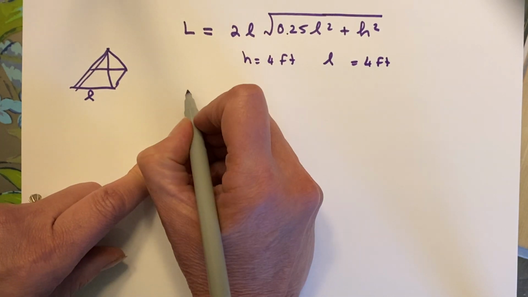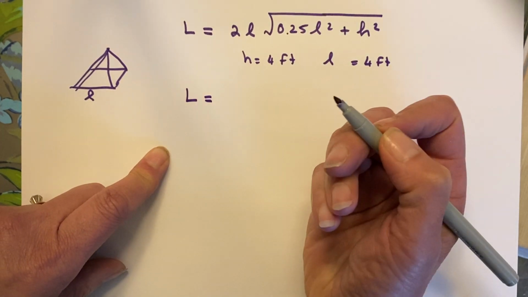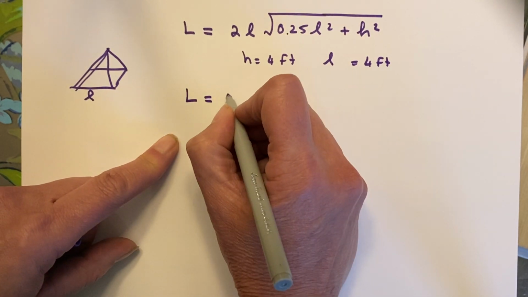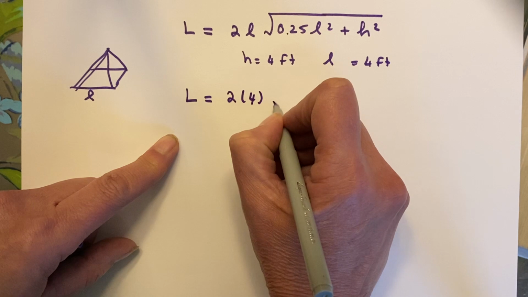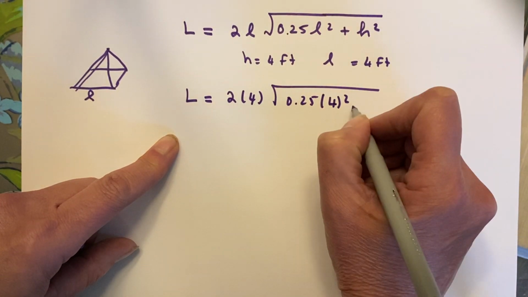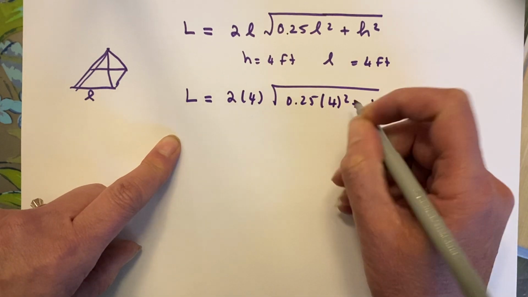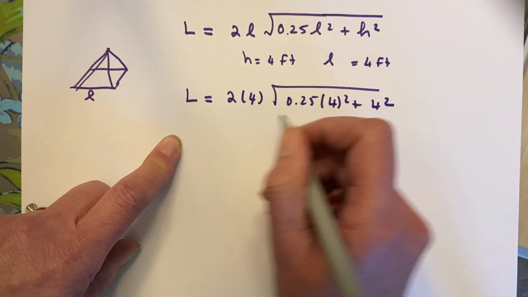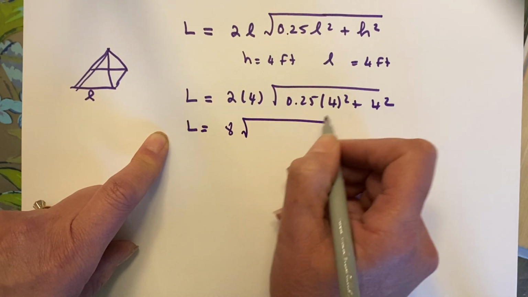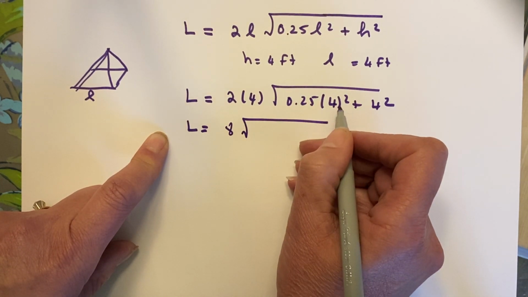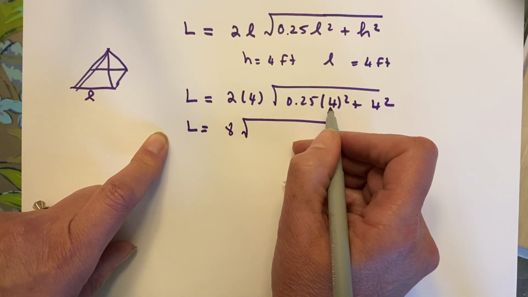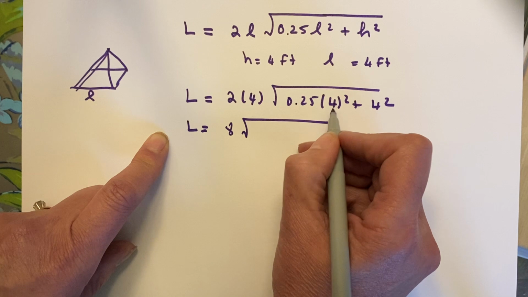Well, this is just a substitution problem, which is going to involve square roots, which makes sense because that's what this chapter is. So 2 times 4, square root of 0.25 times 4 squared, plus 4 squared. Well, if we work all that out, we have 8 square root of... Now remember, order of operations, you can't multiply 0.25 by 4 first, because by order of operations we do exponents first.